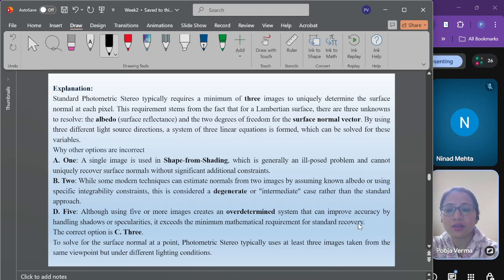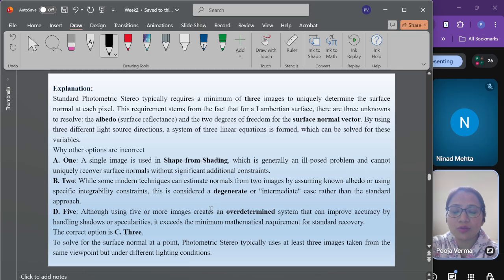So why are the other options incorrect? Option A, one: a single image is used in shape from shading, which is generally an ill-posed problem and cannot uniquely recover surface normals without significant additional constraints. Option B is two: while some modern techniques can estimate normals from two images by assuming known albedo or using specific integrability constraints, this is considered a degenerate or intermediate case rather than a standard approach.